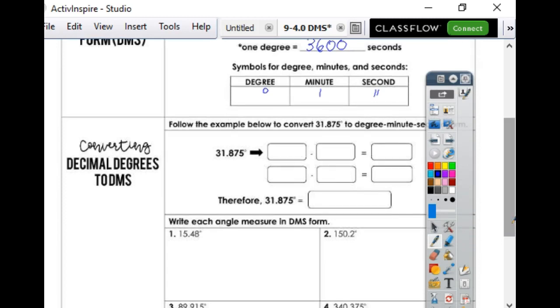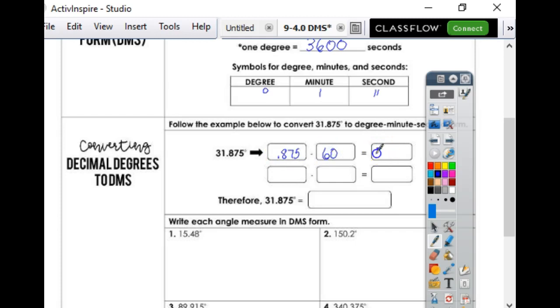So if I look at 31.875, I want to convert my 0.875 degrees to minutes and seconds. I take just the decimal part, 0.875, and multiply by 60.